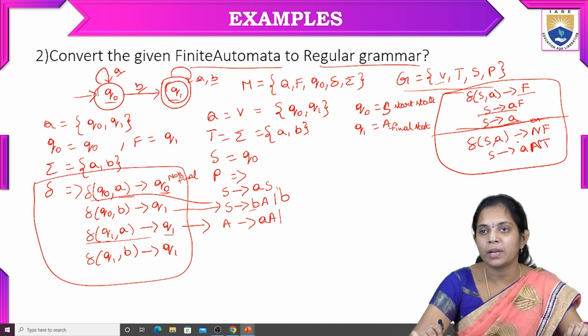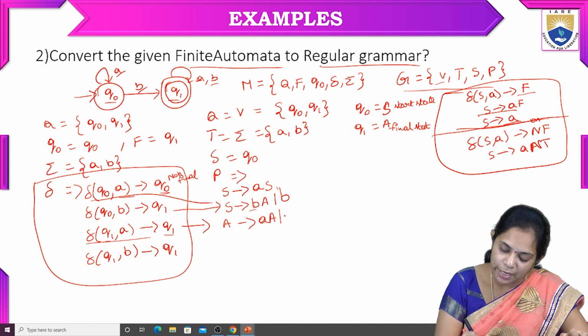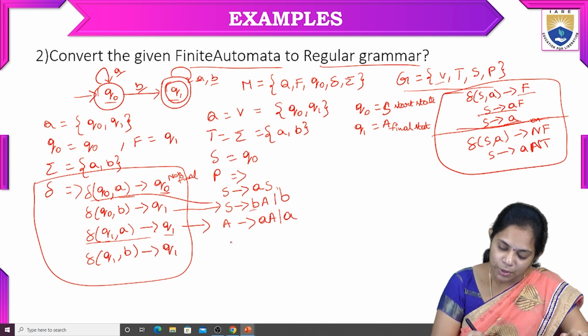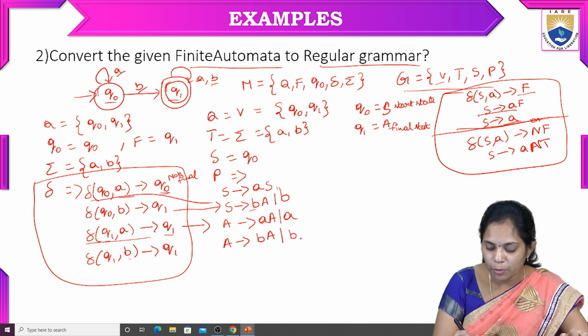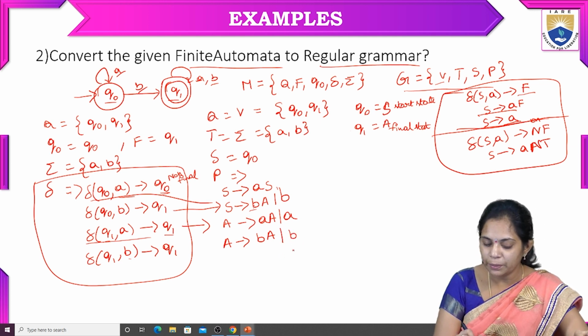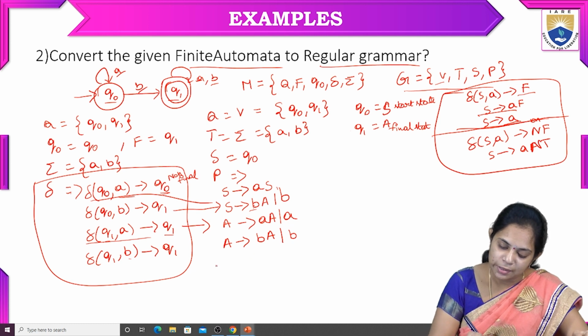And when we are giving b as an input, it is reaching the final state, so with this representation, along with another production rule, b.